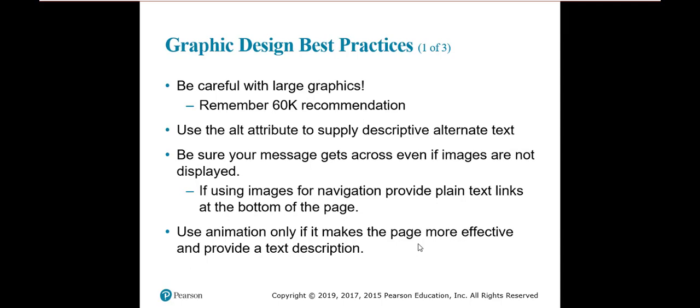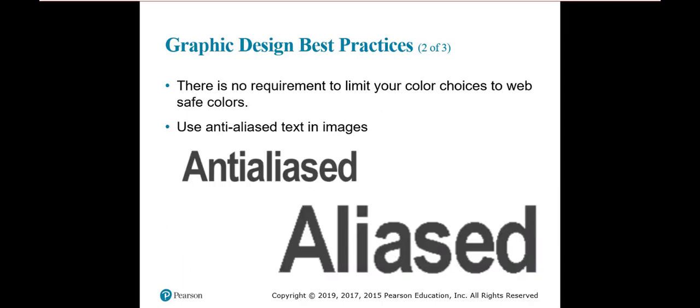And if you're using any kind of animation, maybe your audience has a slow connection, or maybe they are using old computers, so that animation is not going to play, and they will have a hard time. In that case, you should provide a text description so that they can read it based on the animation if the animation is not playing on their system.